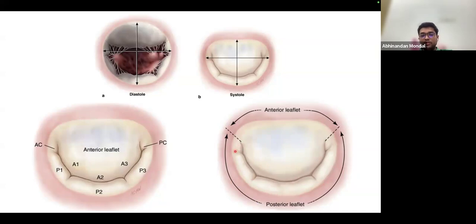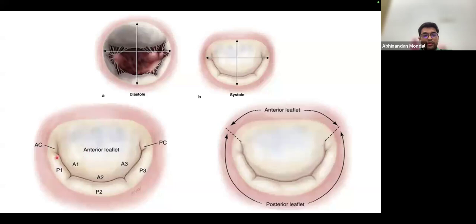The important thing that you have to remember is, though it looks like your anterior leaflet takes most of the surface area, actually both the leaflets share almost equal surface area.